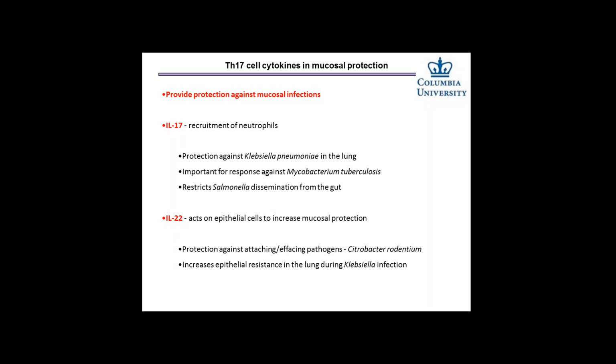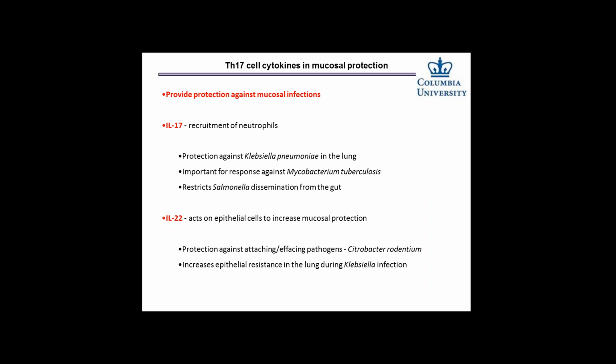The two major cytokines are IL-17 and IL-22. IL-17 is important for basically recruiting neutrophils and jump-starting inflammation. And IL-22 acts mainly on epithelial cells, which express the IL-22 receptor and respond by producing antimicrobial peptides and other effector cytokines, which increase mucosal protection.